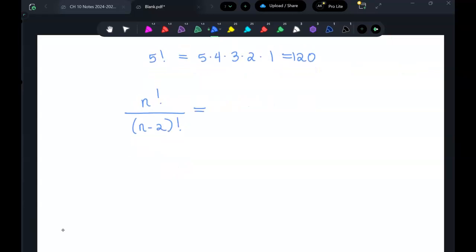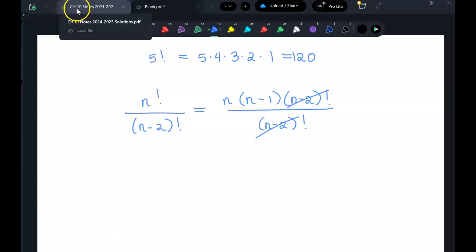I would simplify n factorial into n times n minus 1 times n minus 2 factorial, right? And I'll stop there. I could keep going, but of course, these are going to end up canceling. So I'll just have n times n minus 1.